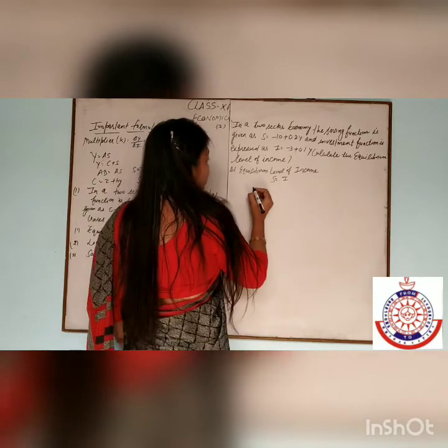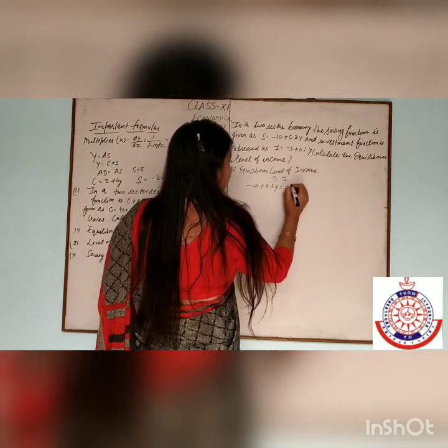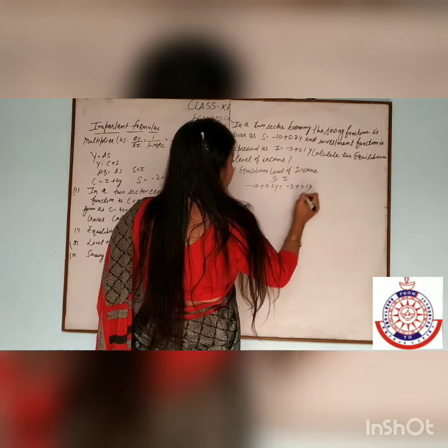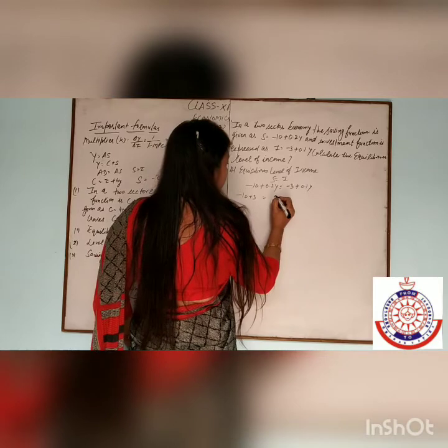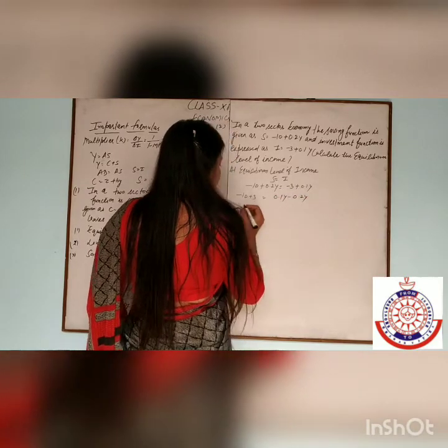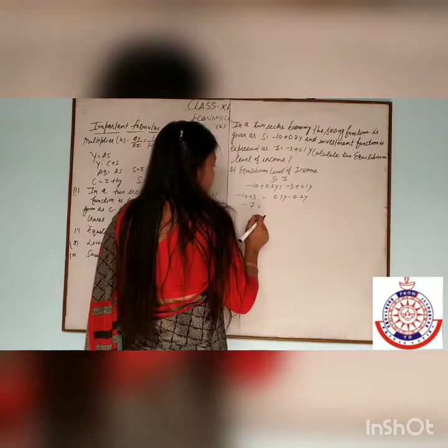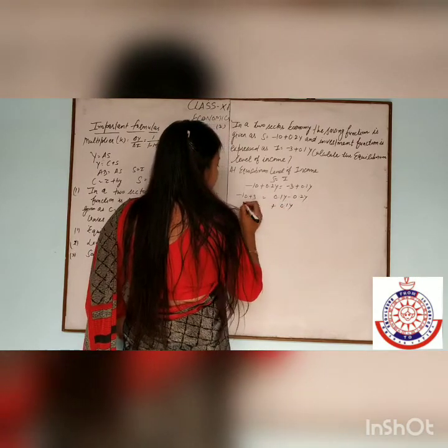If saving is equal to investment, minus 10 plus 0.2y is equal to minus 3 plus 0.1y. Minus 10 plus 3 is equal to 0.1y minus 0.2y. Minus 7 is equal to minus 0.1y.